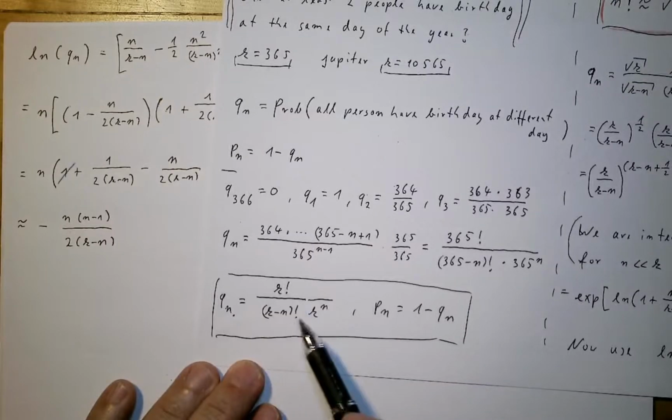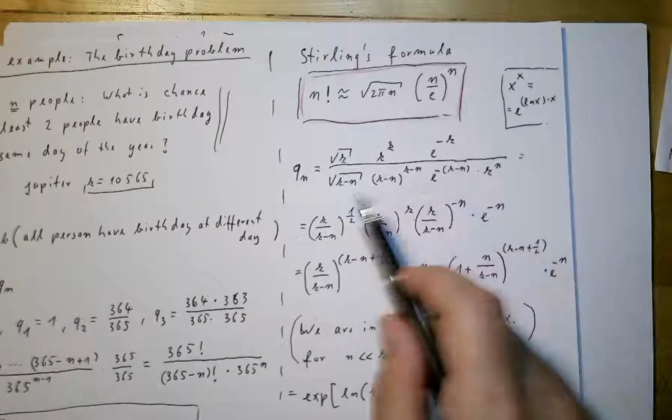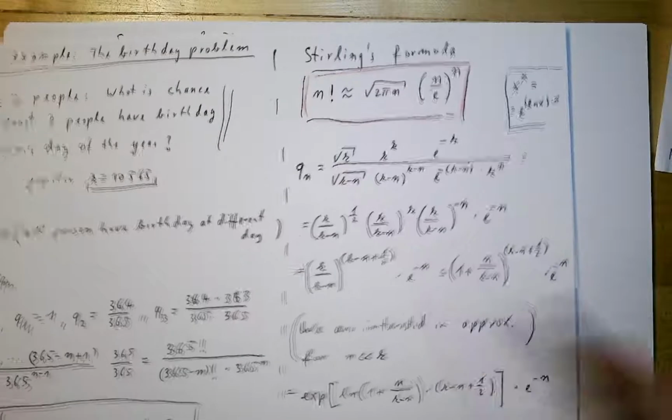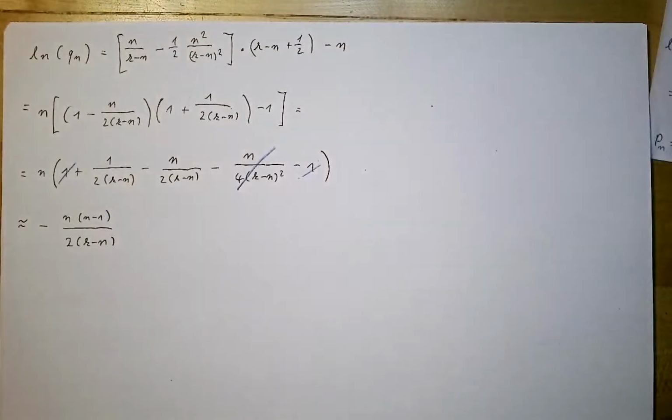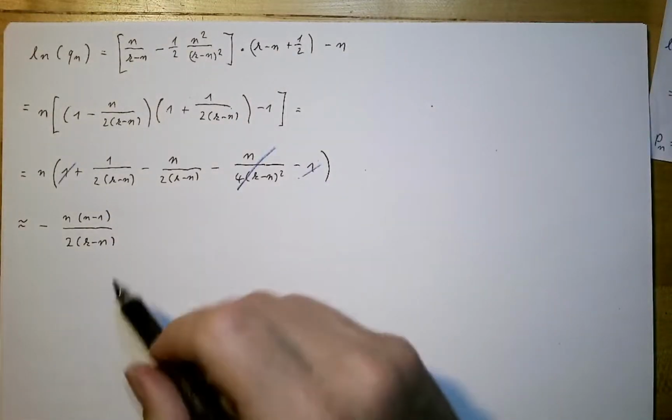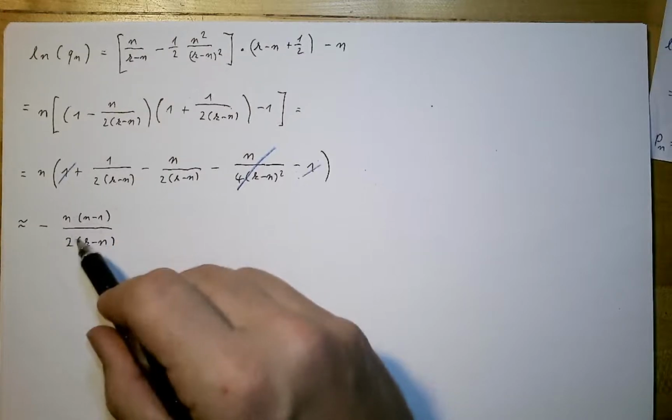So this q was first written with these factorials and whatever. Then we had terms like this, and now by magic, it's just pure magic, we ended up with such a simple term for log q.